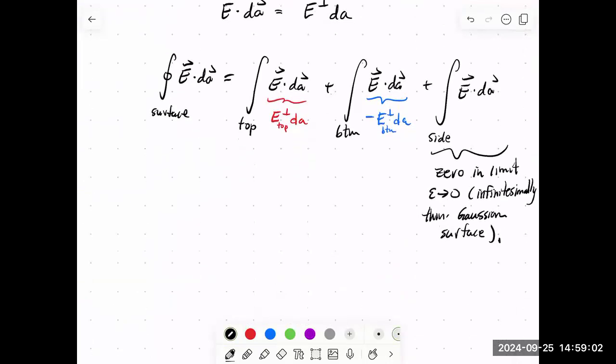And so therefore, it must be the case that the integral of E top perpendicular dA minus the integral of E bottom perpendicular dA, well, it's Gauss's law, so that has to be equal to Q enclosed over epsilon naught.